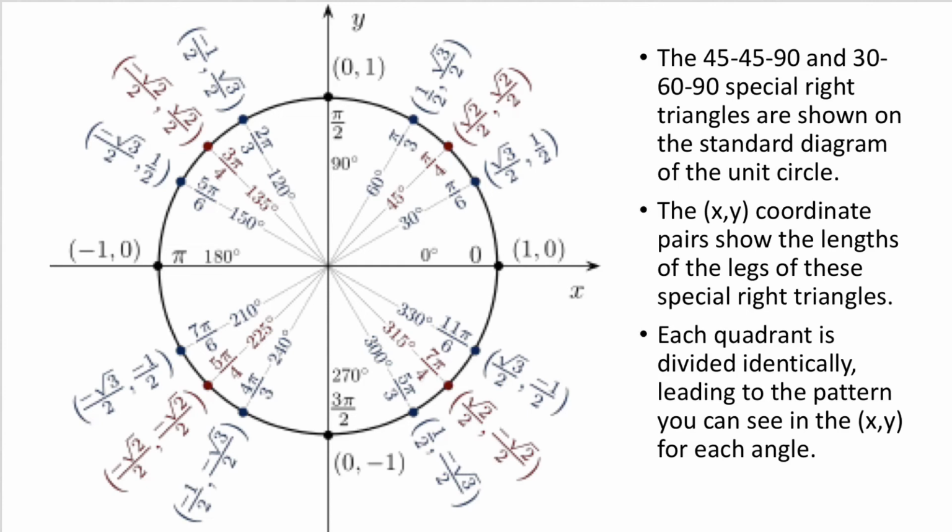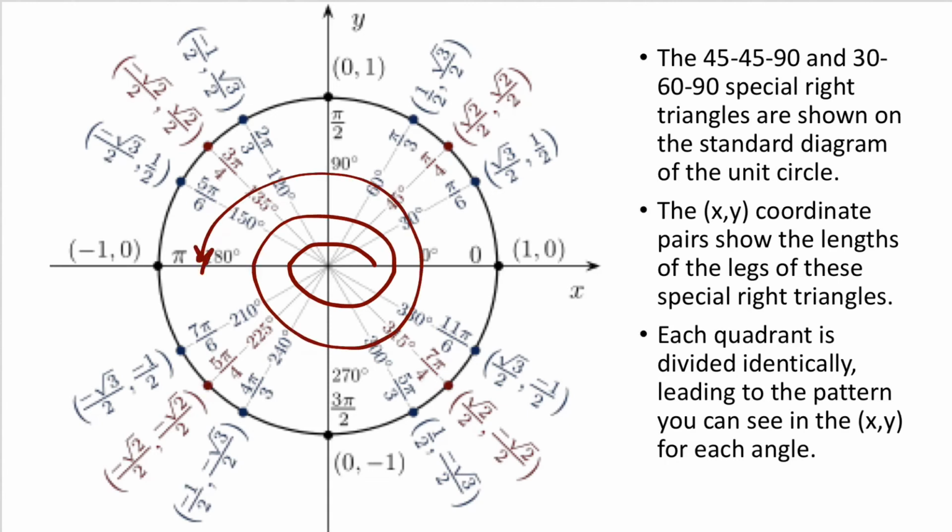So let's do that. So starting at 0, you go 1 pi, 2 pi, 3 pi, 4 pi, 5 pi. All right? So you end up back on that pi line right there. So your coordinate pair is -1, 0.